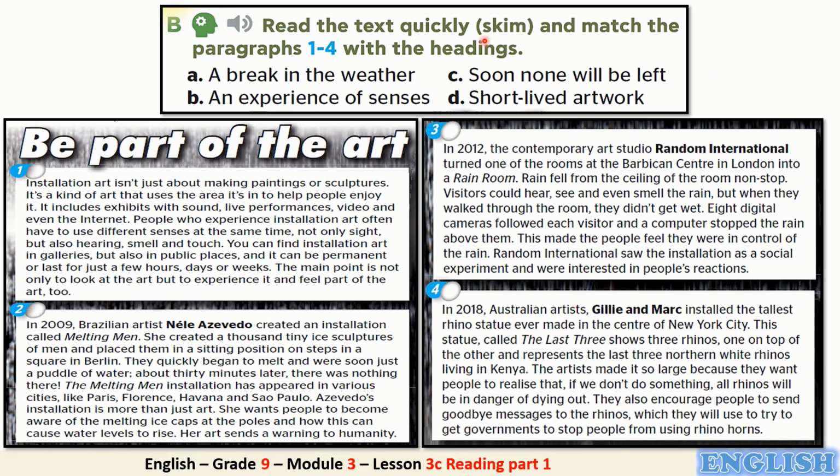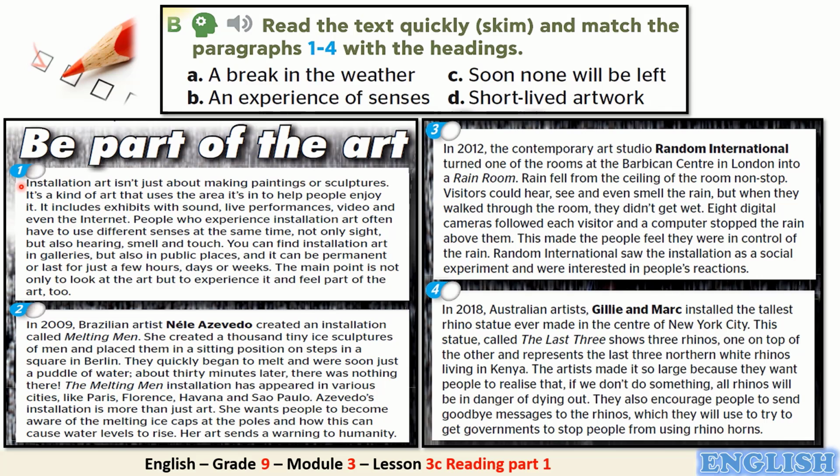Now, after skimming the text, we are going to match the paragraphs 1 to 4 with the headings. Pause the video, then match. Okay, my students, now let's check your answers. Look at paragraph number 1.